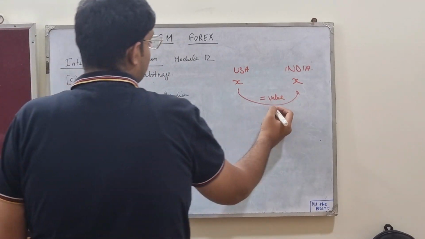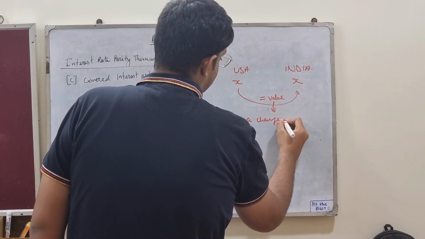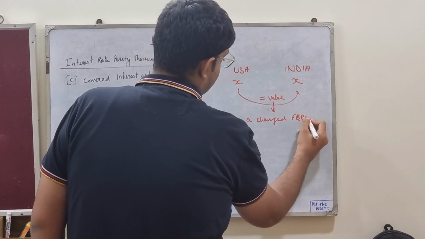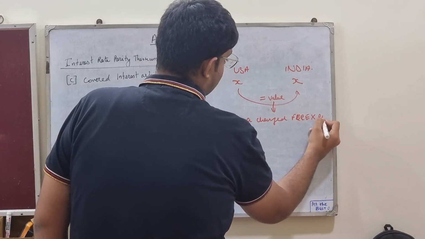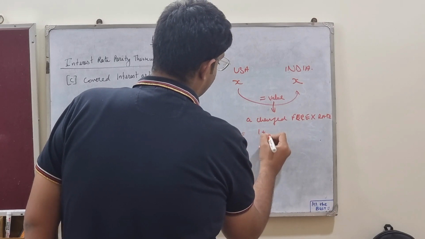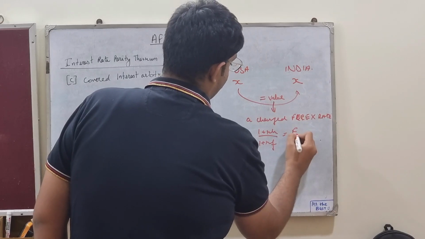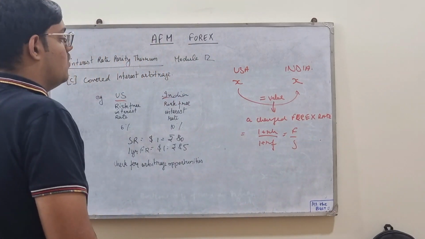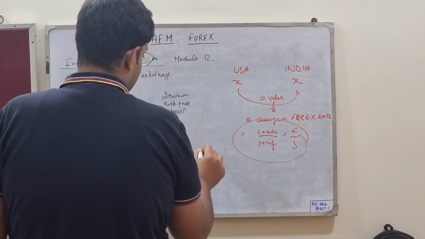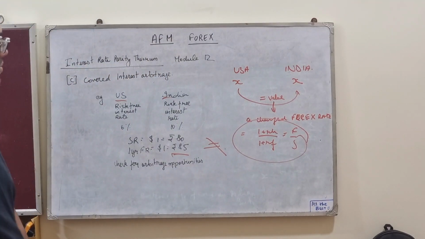Now that same value is achieved by having a changed forex rate, which can be calculated using the formula (1 + RH)/(1 + RF) = F/S. Now, when this rate and this rate do not match, that is an arbitrage opportunity.